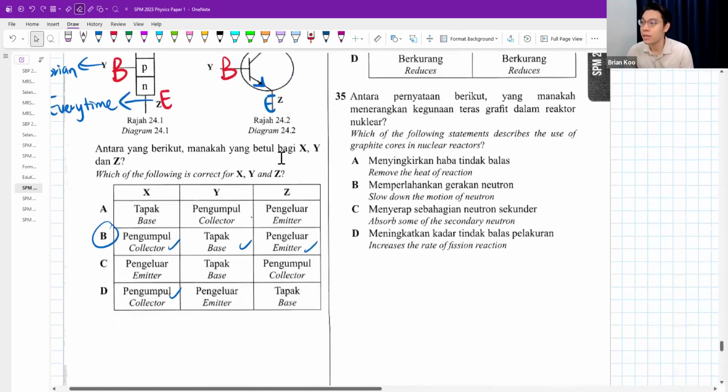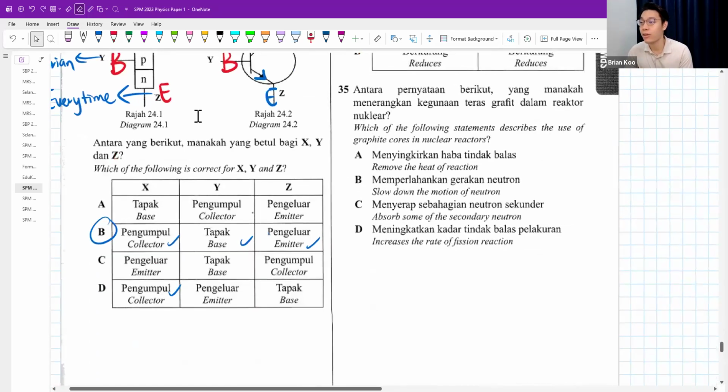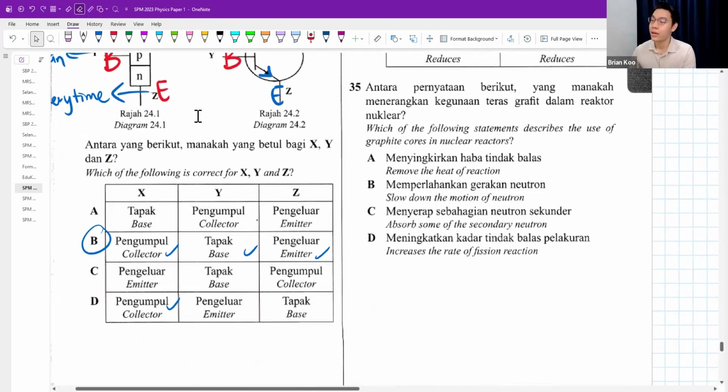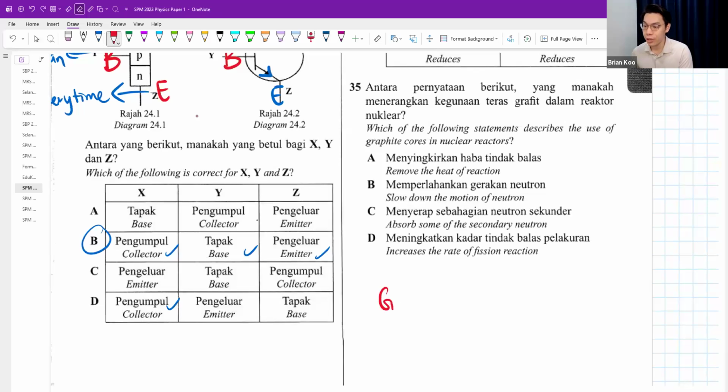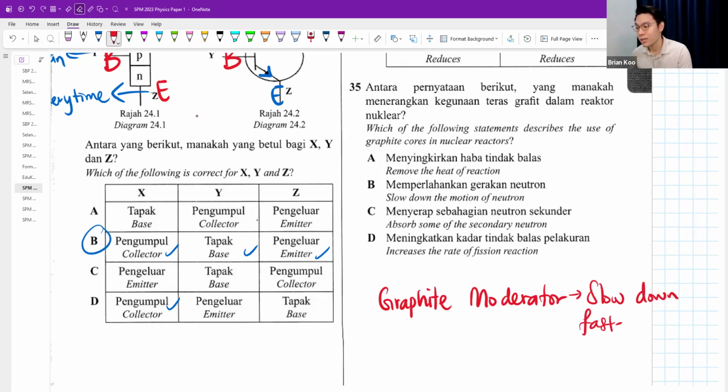Which of the following statements describes the use of graphite core in nuclear reactors? Graphite is usually used as a moderator to slow down fast moving neutrons.